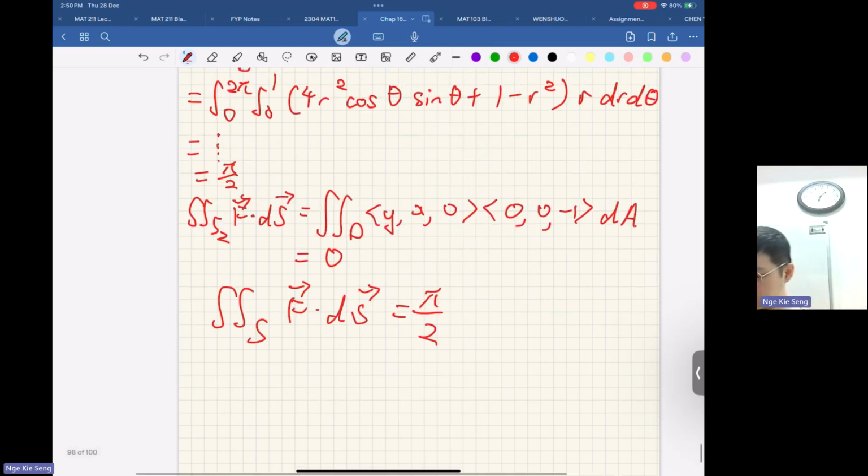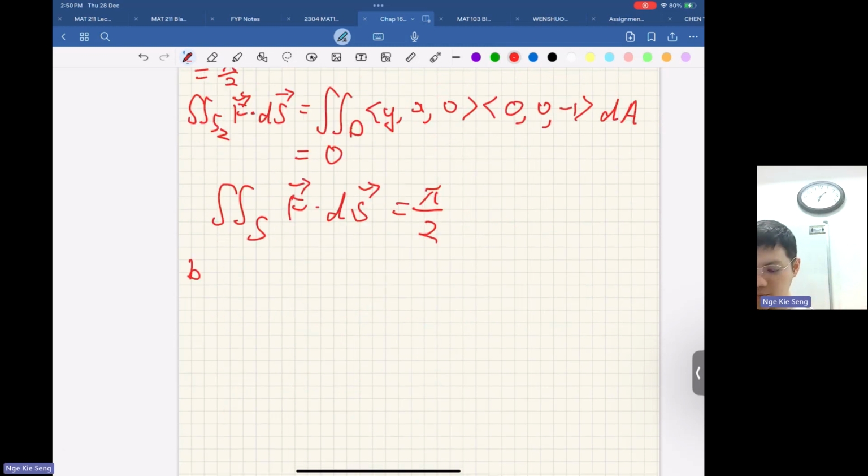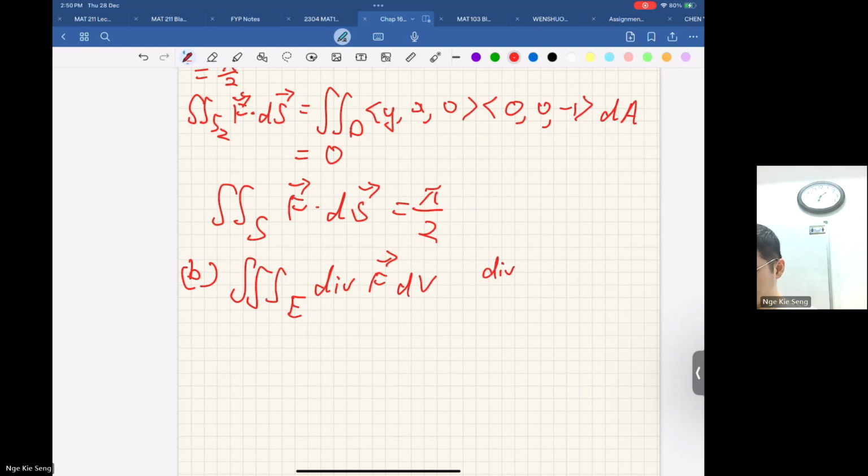But how do we do the second computation? Triple integral of div f. So what is div f here? Div f is the gradient dotted with our vector field f. So here is del del x, del del y, del del z, dotted with our f.